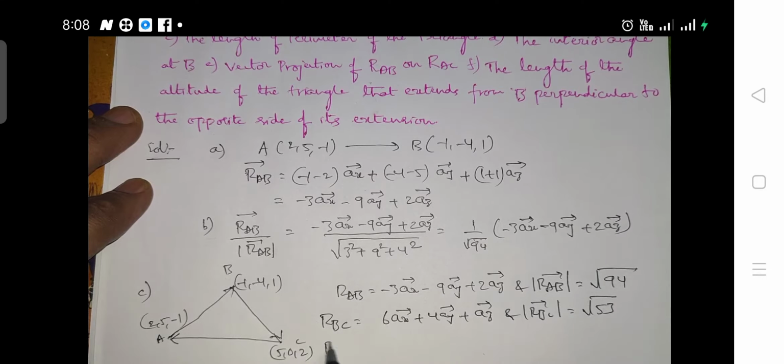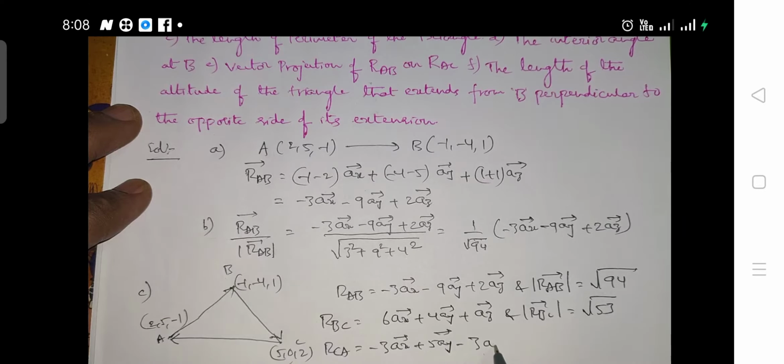Similarly RCA: 2 minus 5, -3 ax bar, 5 minus 0, plus 5 ay bar, -1 minus 2, -3 az bar, and the magnitude of RCA.